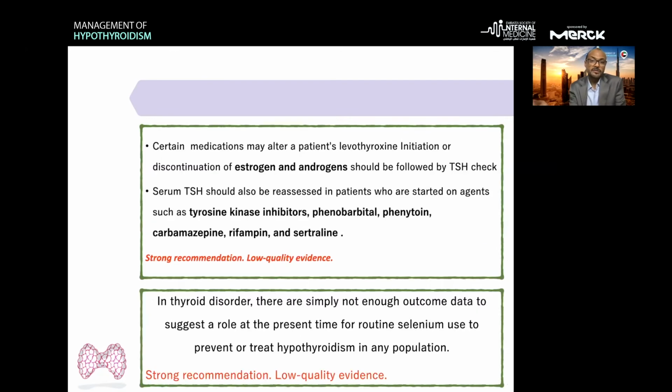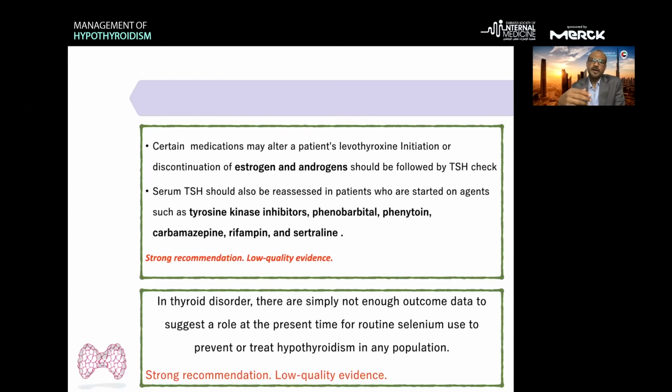whatever thyroxine he's taking. Now, there are certain medications, once you start, you need to monitor the thyroid function test. And these are basically the estrogens or androgens. If a patient started on contraceptive pills or a patient started on testosterone injections, for example, then you need to monitor their TSH levels.